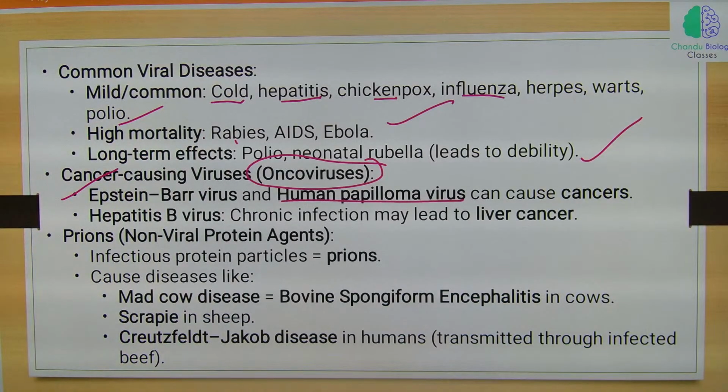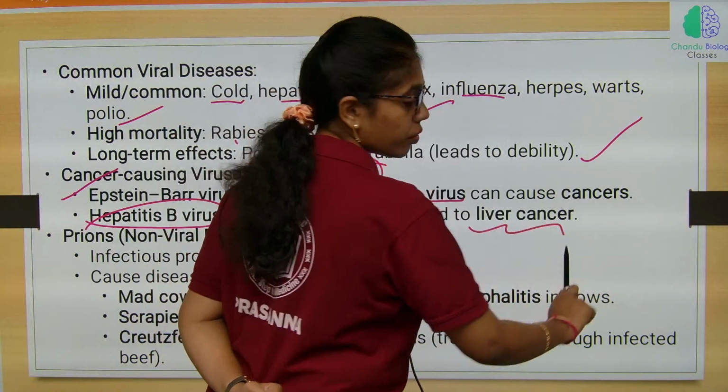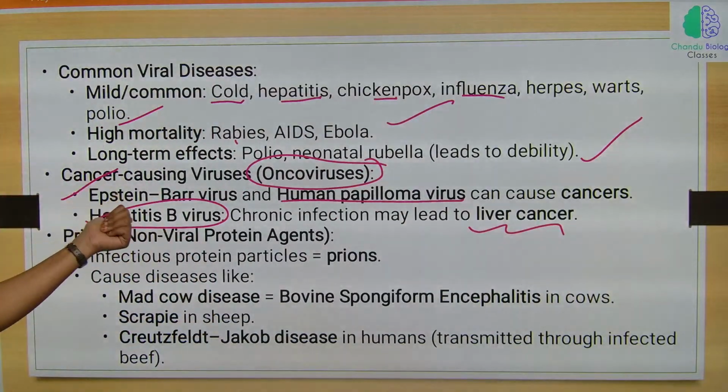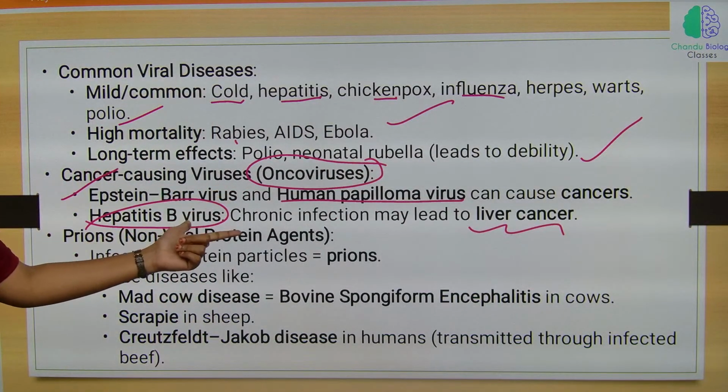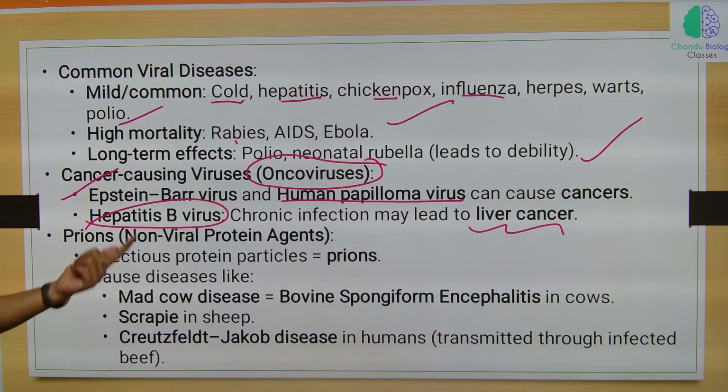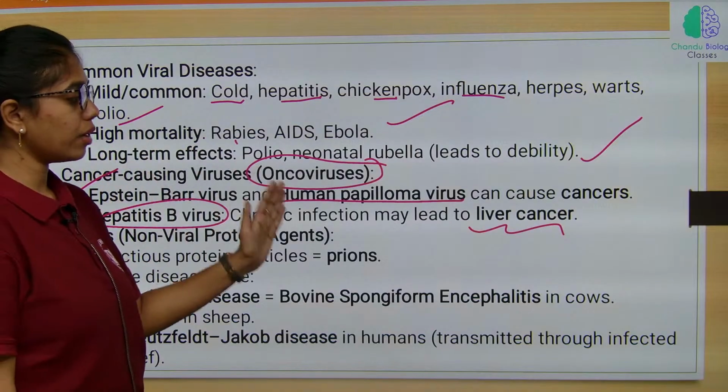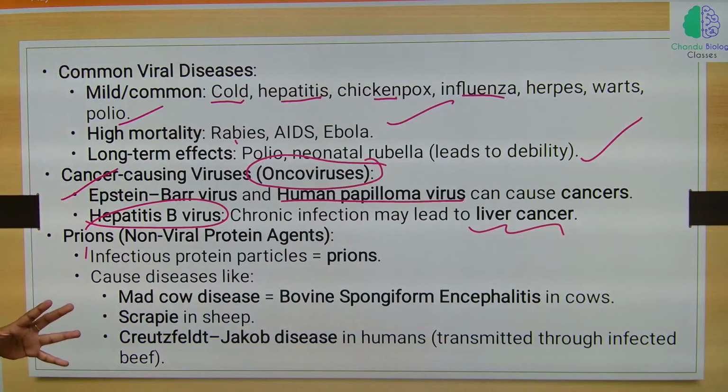Second is hepatitis B virus, a chronic infection which may lead to liver cancer. So, first is what? Epstein-Barr virus and human papilloma virus, these are cancer causing oncoviruses. Second, hepatitis B virus, which is a chronic infection, this may lead to what? Liver cancers.